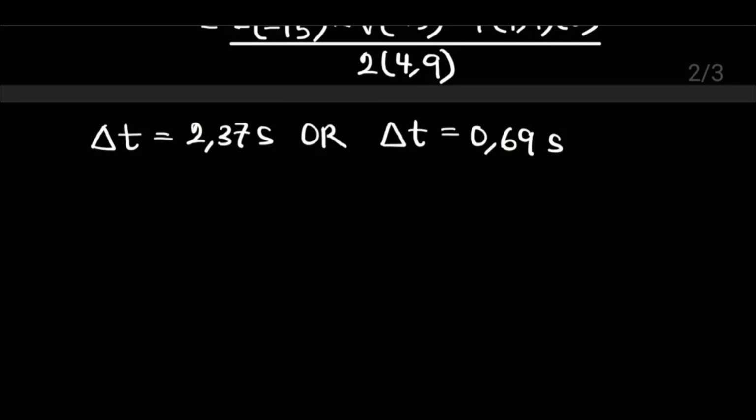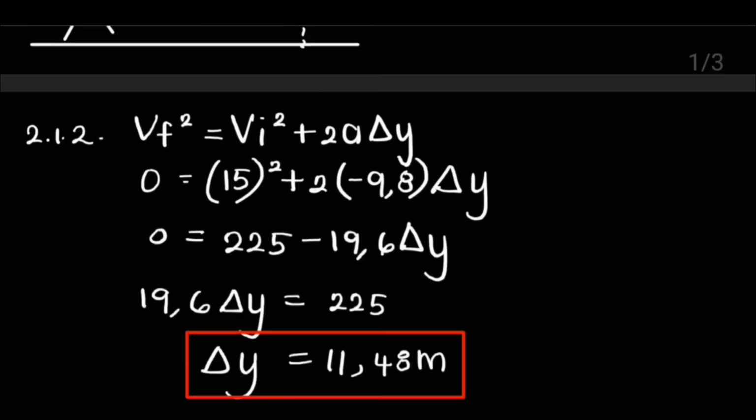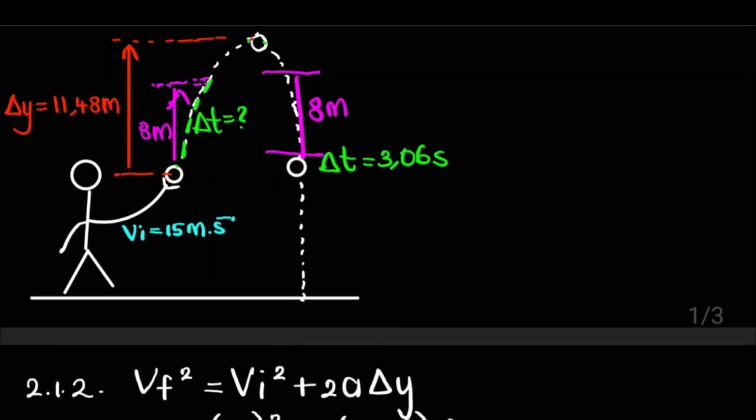So the 0.69 seconds indicates the first time that the ball is 8 meters above the hand. And the 2.37 seconds indicates the second time when the ball is 8 meters above the hand. Because obviously, once it moves up to its highest point and comes back down, more time has to pass for it to get to this point.